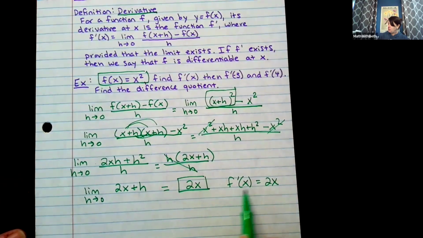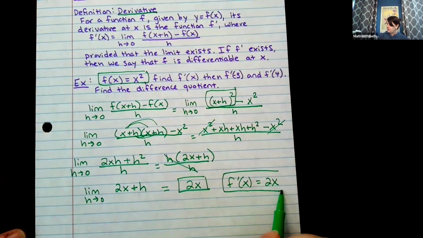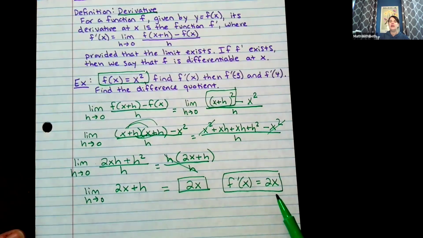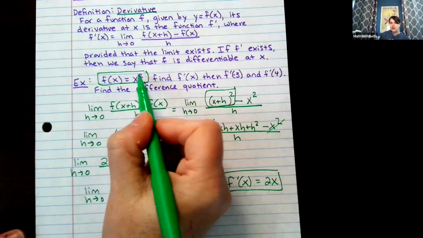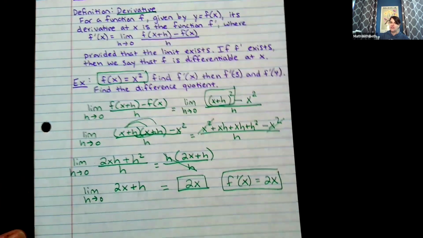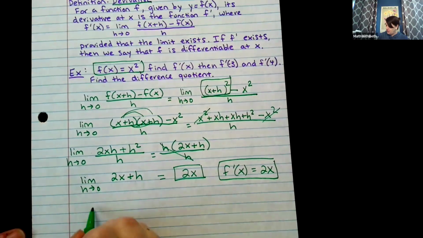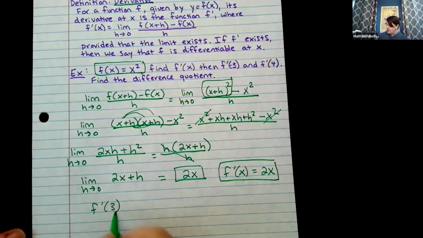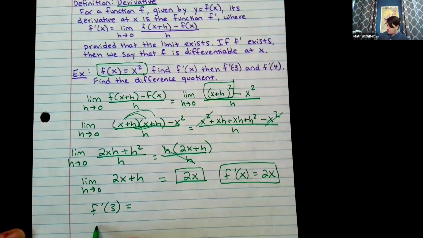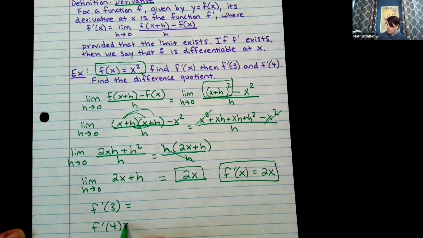So we just found the equation of our derivative, which means if I plug in a number into this equation, what I'm getting is the slope of the original equation at that point. So that takes a little getting used to. But right now, it just asked us to find f prime of -3 and f prime of 4.